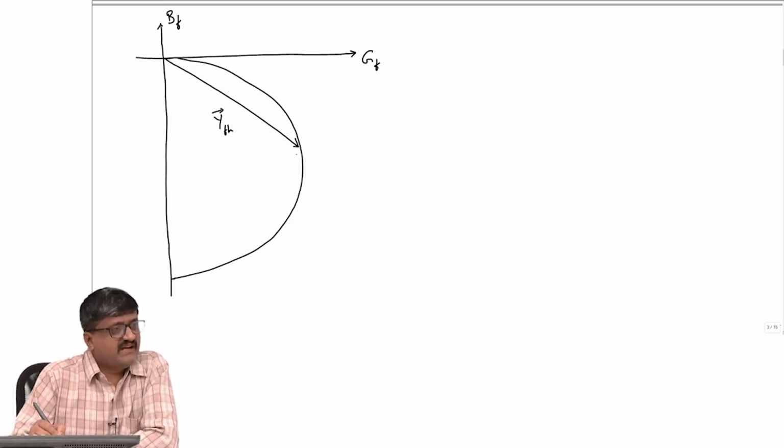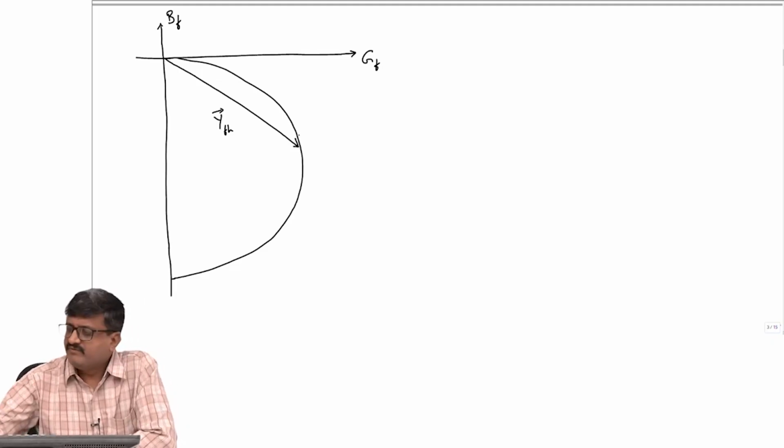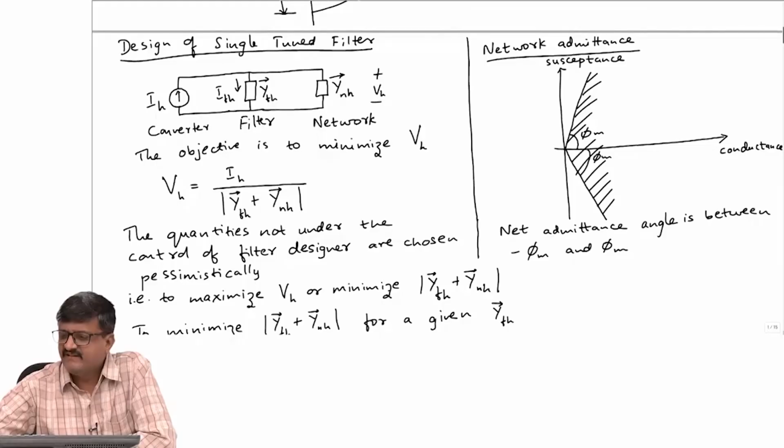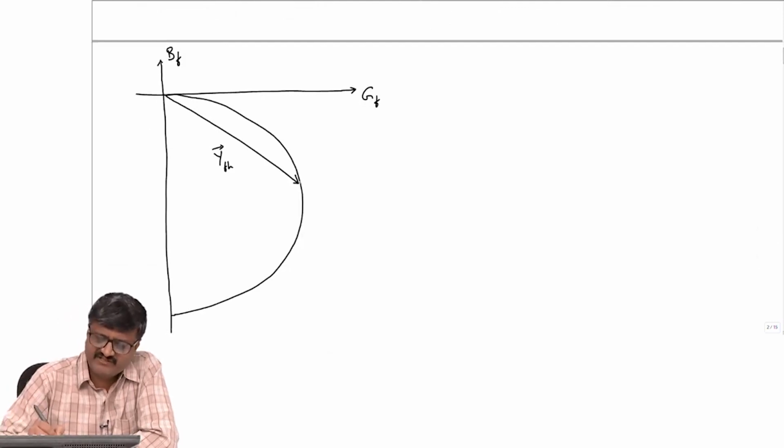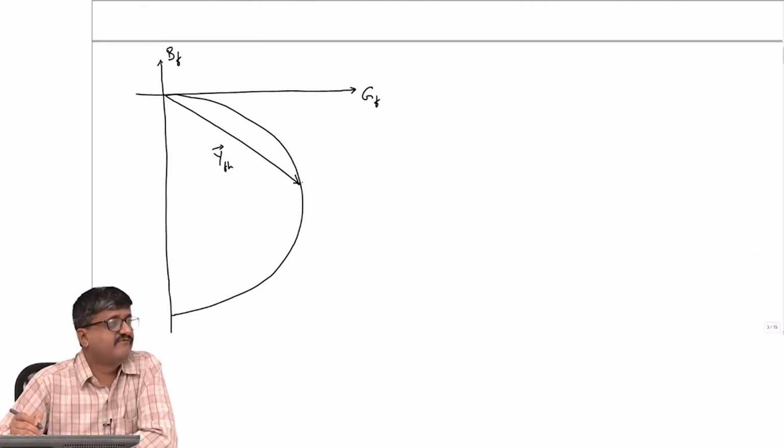Now, to this I have to add YNH. Now, what I will do is I will just take this region. See, the network admittance is lying in the first or fourth quadrant. So, I will take the origin of this network admittance and shift it to this point YFH.